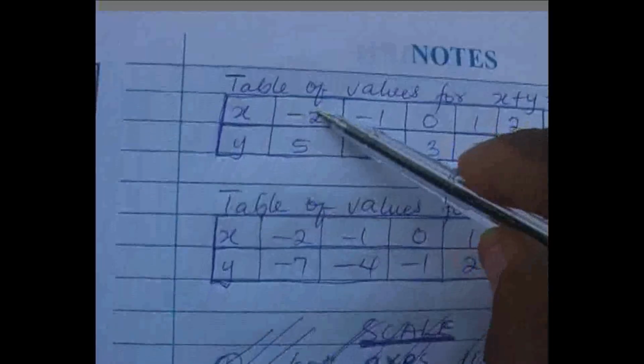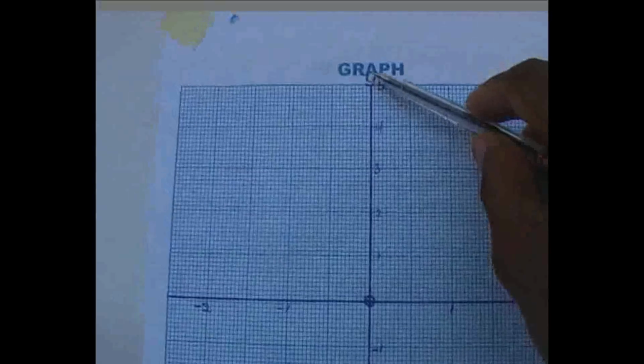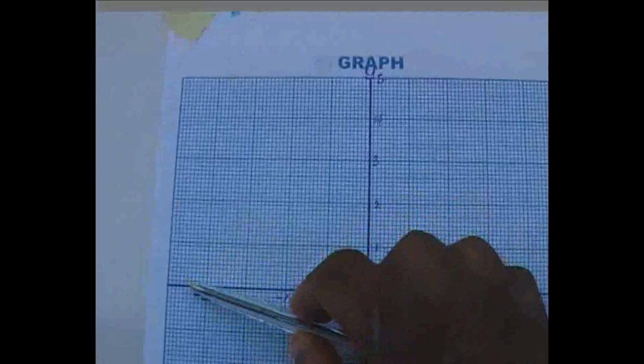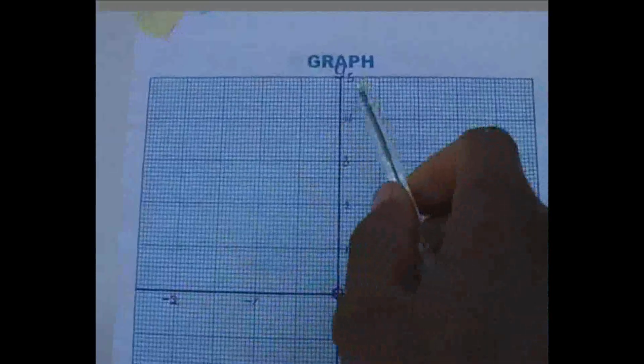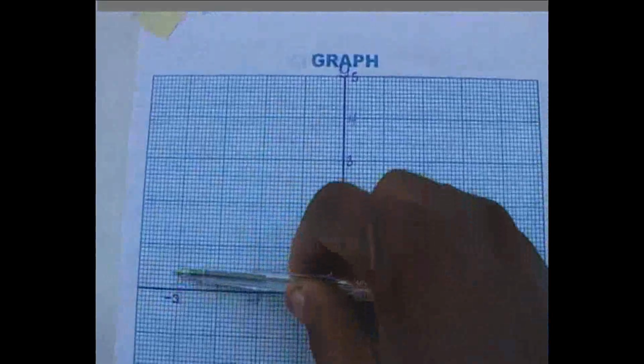-2 is the value of x, remember this is the x-axis. So we have -2 as the value of x. Then the corresponding value of y is 5. So between this 5 and this 2, the line of 5 is this way and the line of 2 is here.